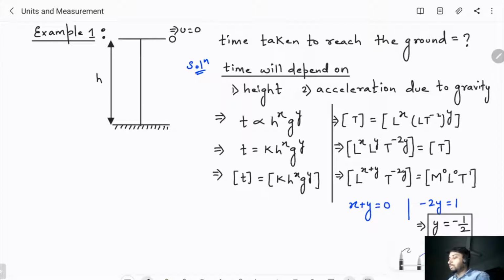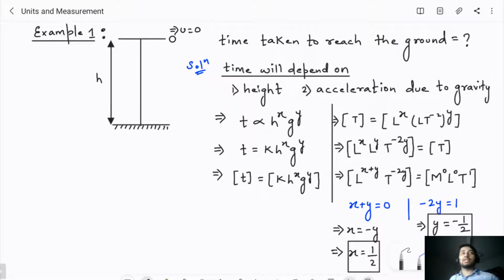So we got y as minus 1 by 2 and from here x will be minus y, or we can say x will be equal to 1 by 2. So we got the two values of x and y.